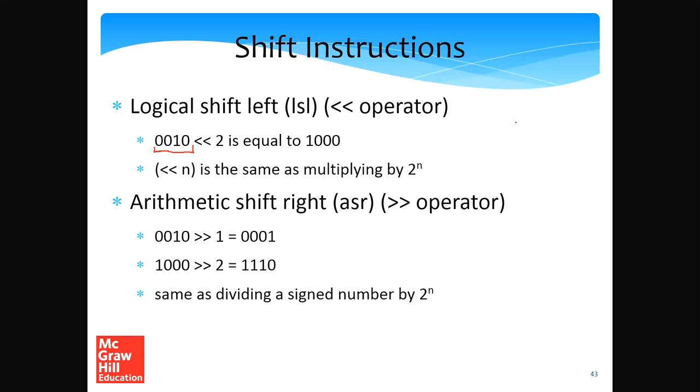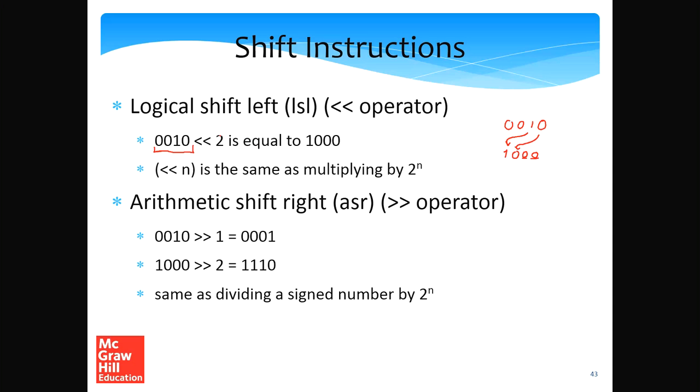So the 1 will come over here, the 0 will come over here, and 2 new positions will be created. We just add 2 more zeros. So 0010 left shifted by 2 is equal to 1000.